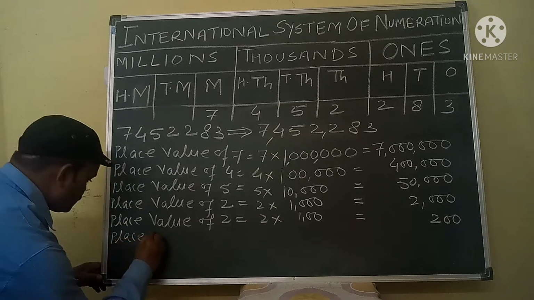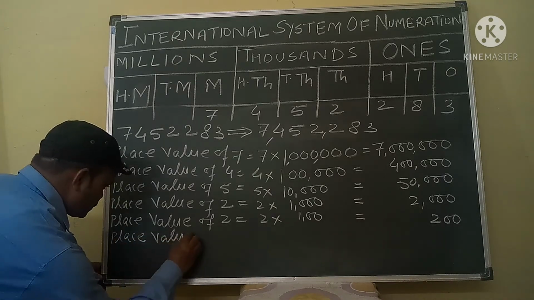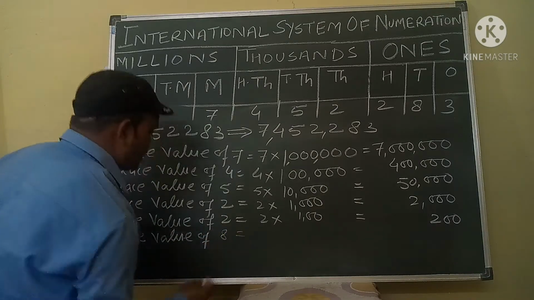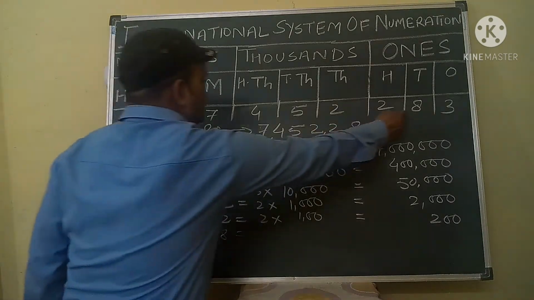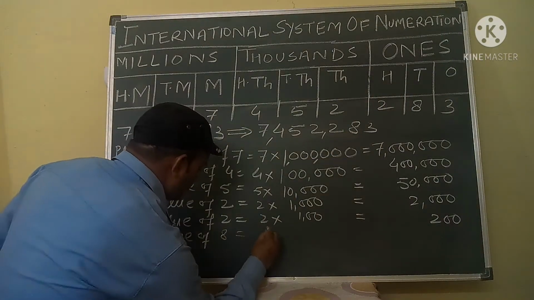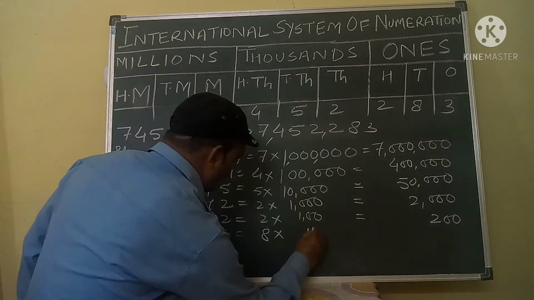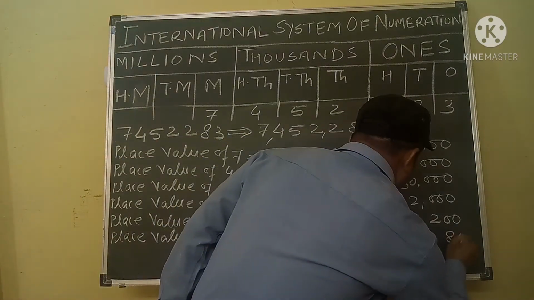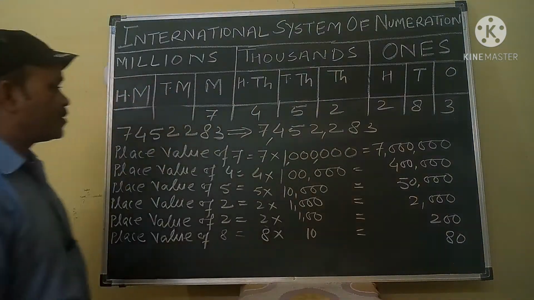Again we will take out place value of 8. Place value of 8 will be, 8 is in tens place, so 8 multiplied by 10, it will give to you 80. Okay.